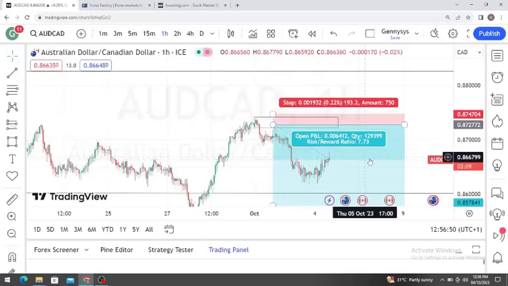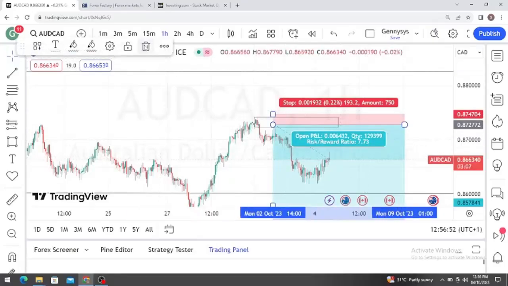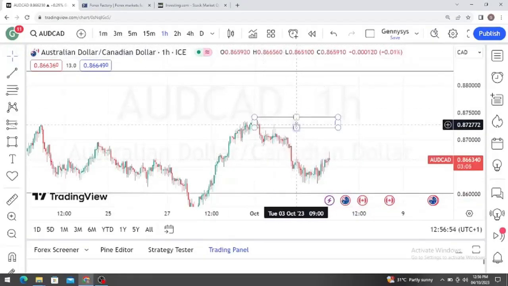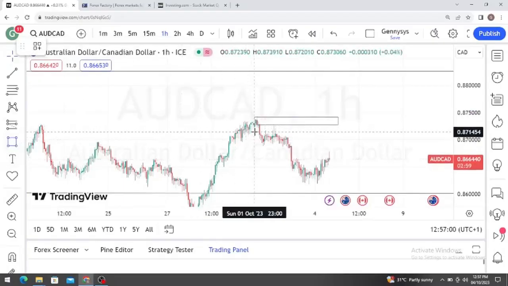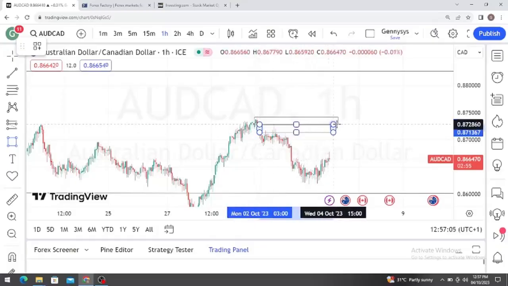Another way to play it would have been to use this imbalance. There's an imbalance here after the liquidity was swept.